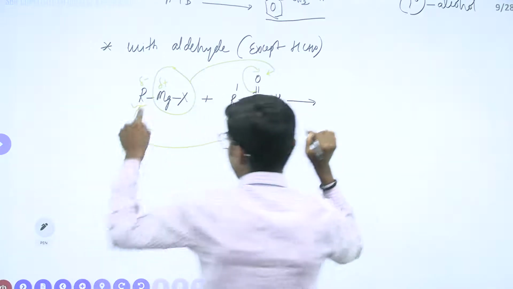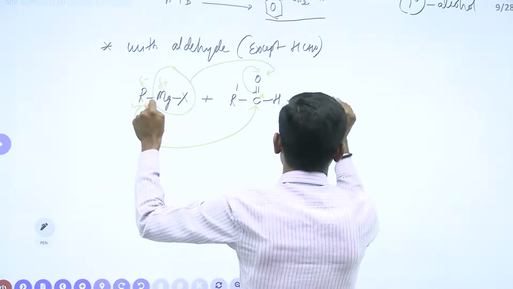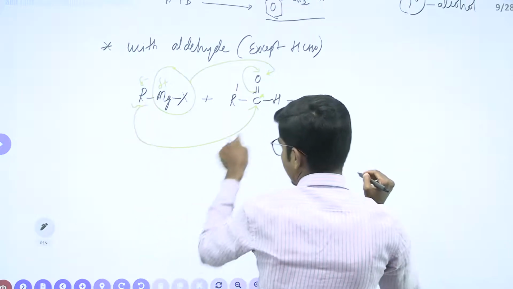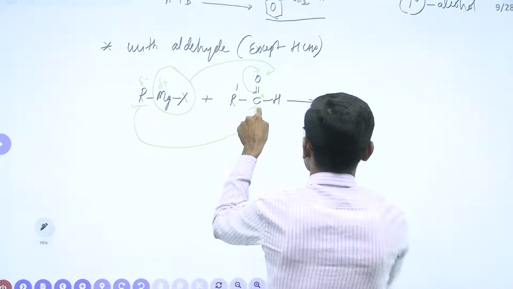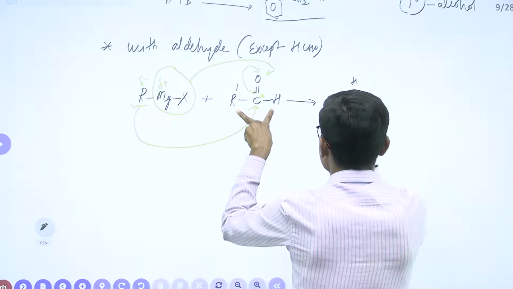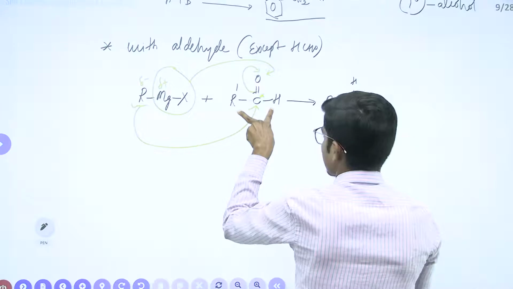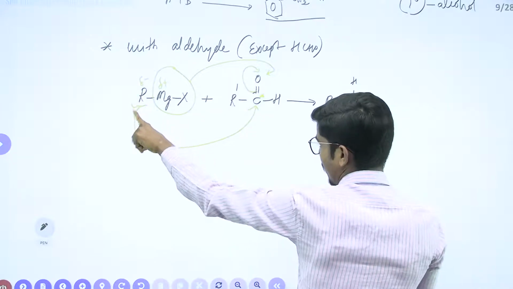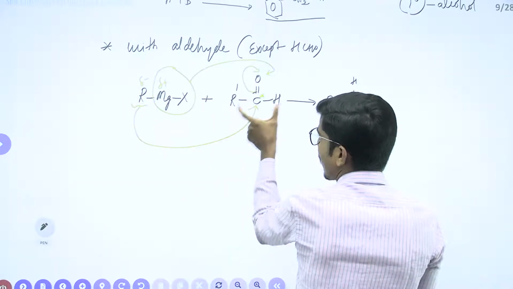So look at this. What happens here? This is the R group attached to the carbon. This carbon contains two groups, one is hydrogen and the other is R dash, where the R comes from the Grignard reagent and R dash from the aldehyde.